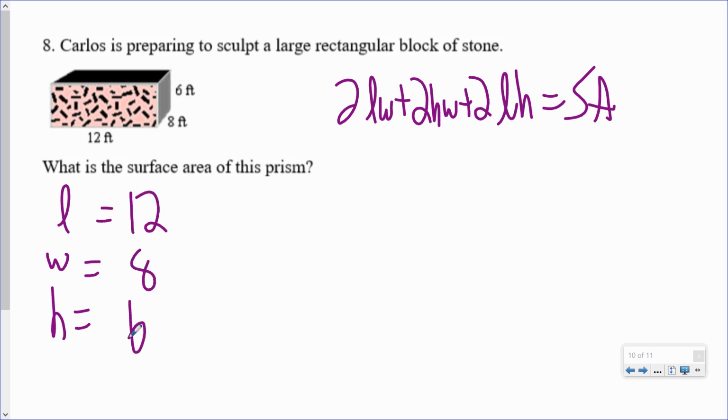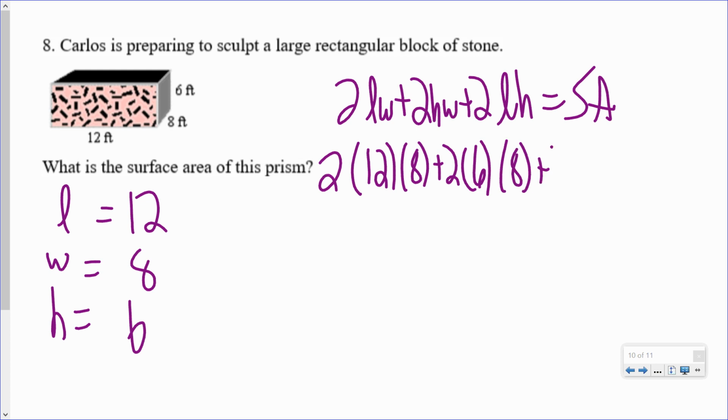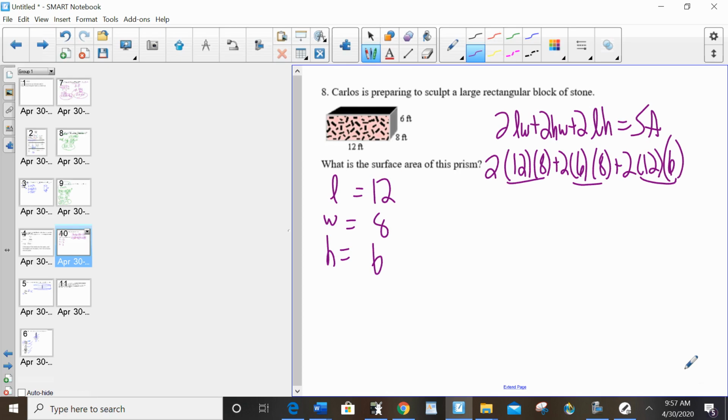12, 8, and 6. 2L is 12, W is 8, H is 6, W is 8, L is 12, H is 6. It's a very common mistake to make a mistake substituting in, so we can double check. I have 12 and 8, 6 and 8, 12 and 6. They're all different. If one of them is duplicated, then you probably made a mistake substituting in.